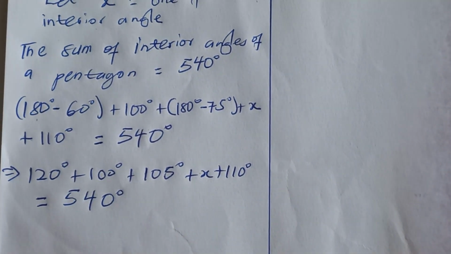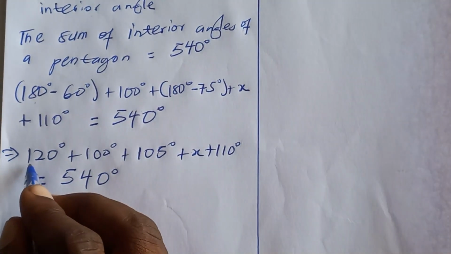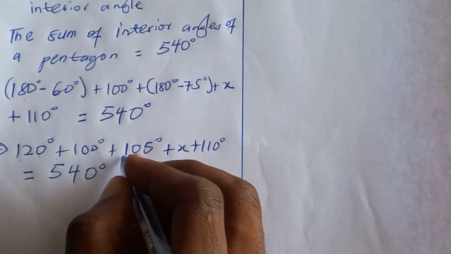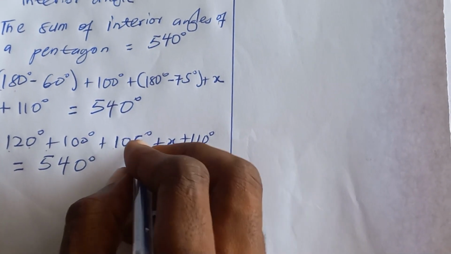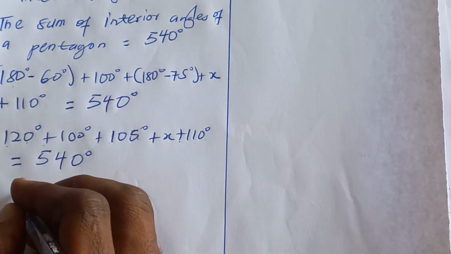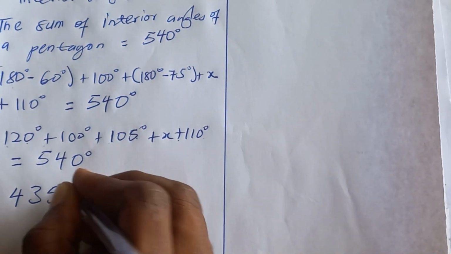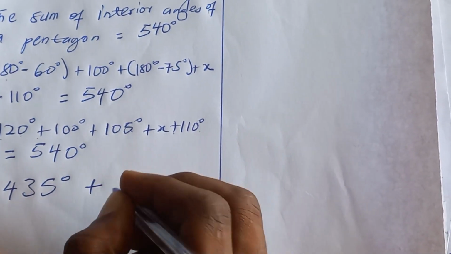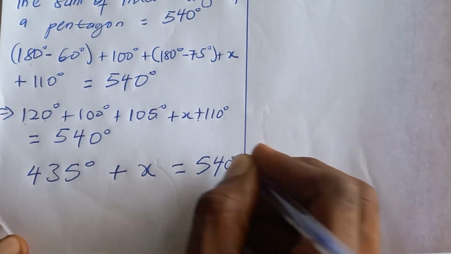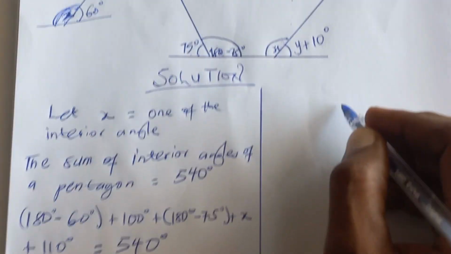So now we can look for our x. 120 plus 100 plus 105 plus 110, we are getting 435 degrees. Then plus our x, and we equate it to 540 degrees. Good. Let's work from here.